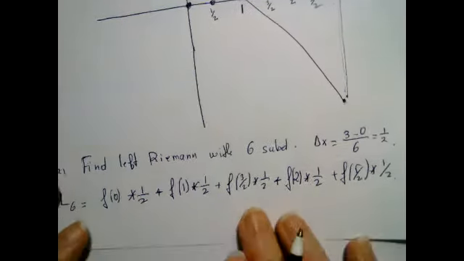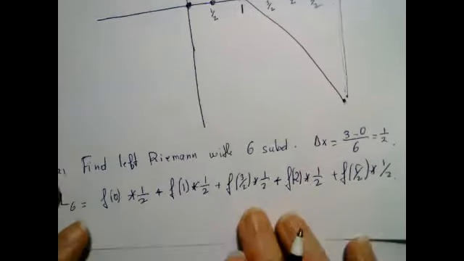Now let us interpret every term of this sum. f of 0 times a half. What does it represent? This is f of 0. f of 0 times a half represents the area of this region. We're going to call it D1, the area of D1.